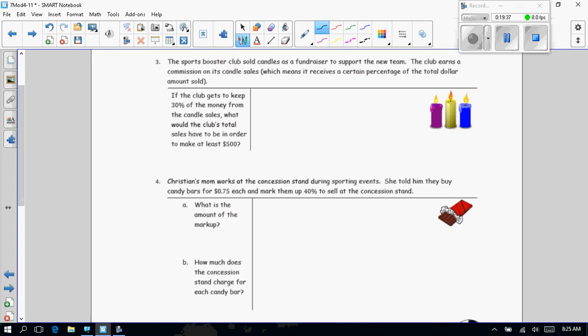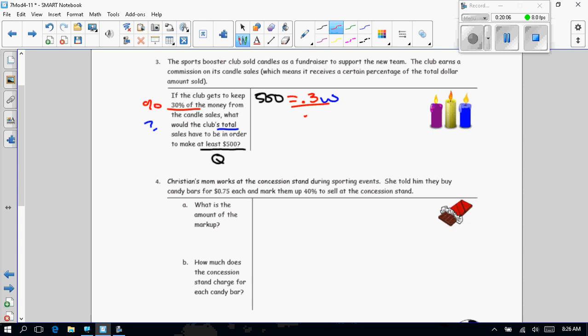Okay, so this is what I want. This is my quantity. I've got my 30%, there's my percent, and I want to know how much should we have at the beginning. I don't know that, that's my whole. So if I write this out, I've got 500 equals 0.3 times the whole.